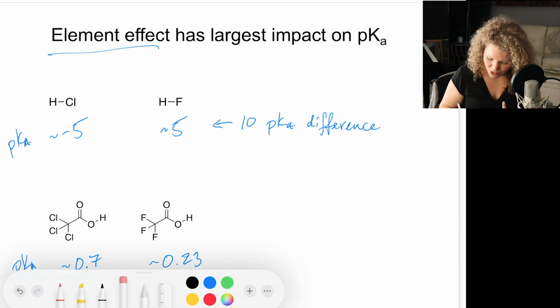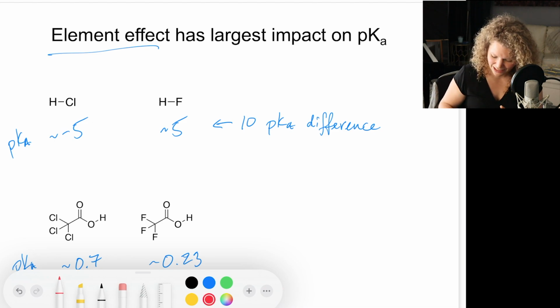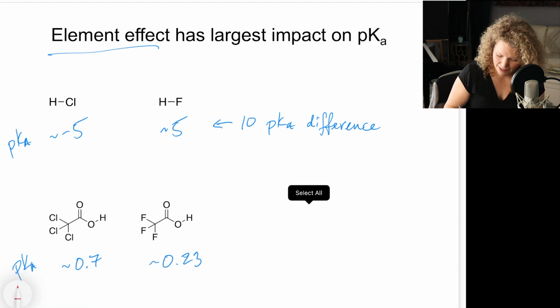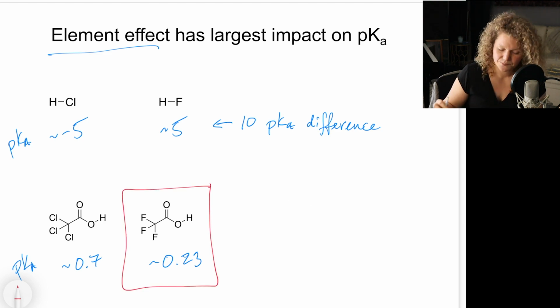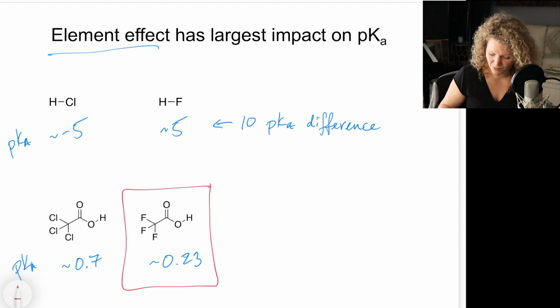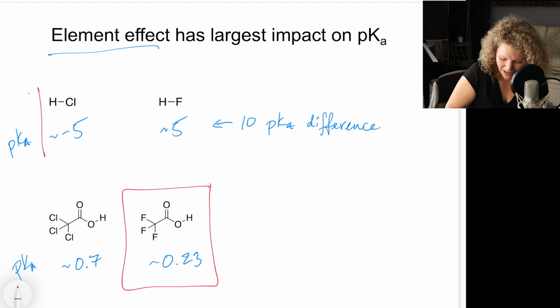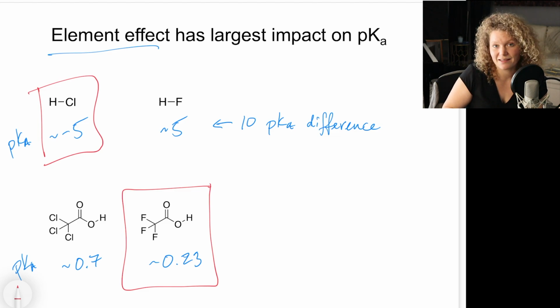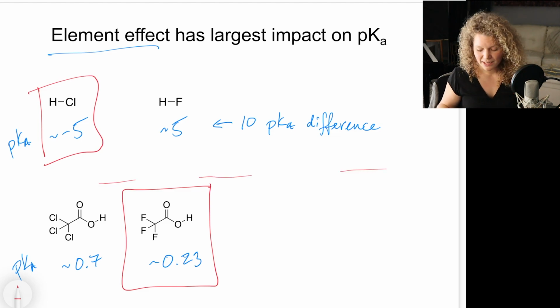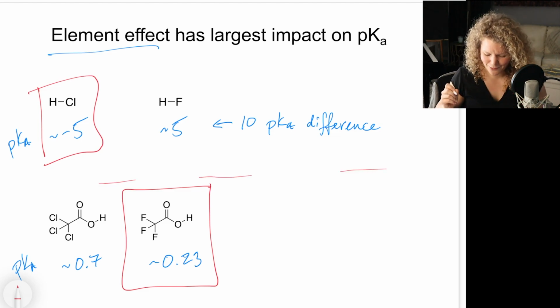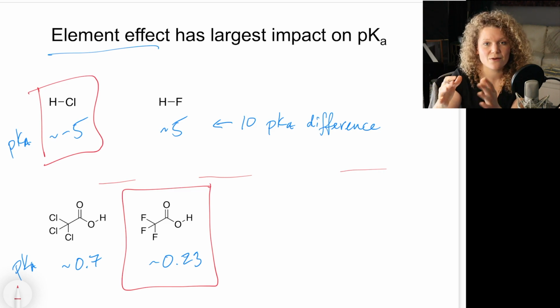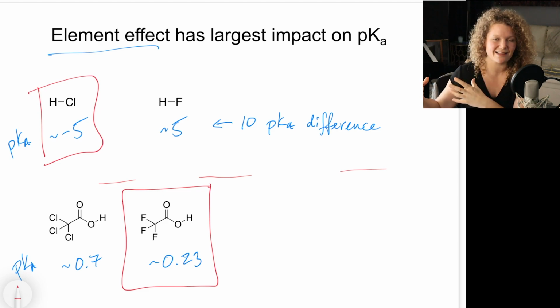Another thing to note, though, is see how, let's circle the most acidic compound in each of these two series. So in this case, our trifluoroacetic acid is more acidic than the trichloro. And then we know HCl is more acidic than HF. And as we think about this, we're like, wait a second, chlorine, HCl is more acidic. Don't forget that with the element effect, we're also looking at that bond length and the size of that atom.